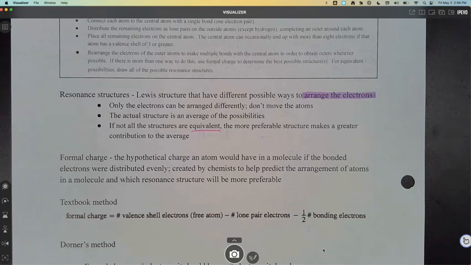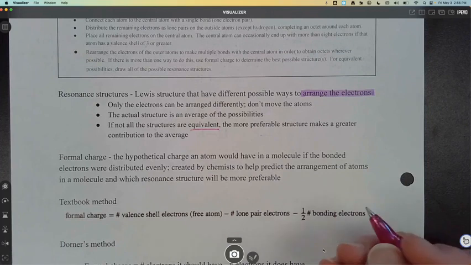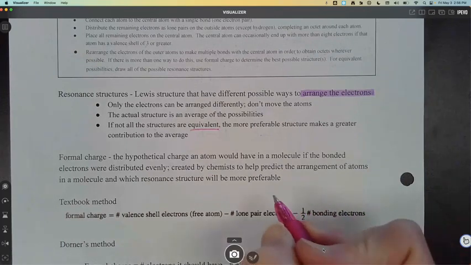It's the hypothetical charge an atom would have in a molecule if the bonded electrons were distributed evenly. It's created by chemists to help predict the arrangement of atoms in a molecule and which Lewis structures will be more preferable.